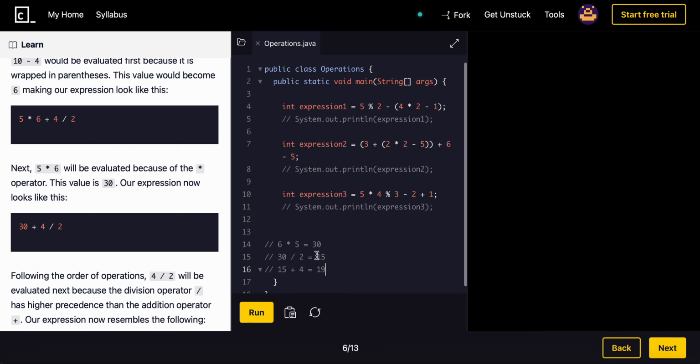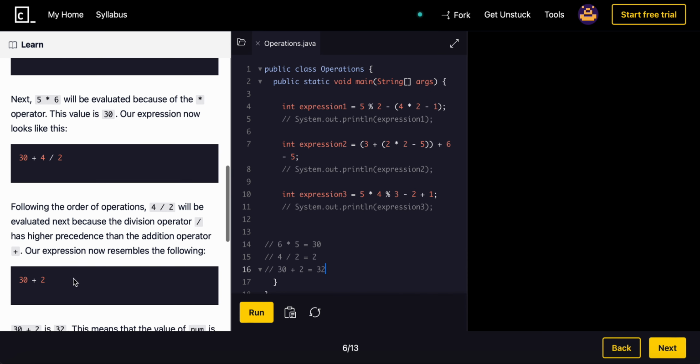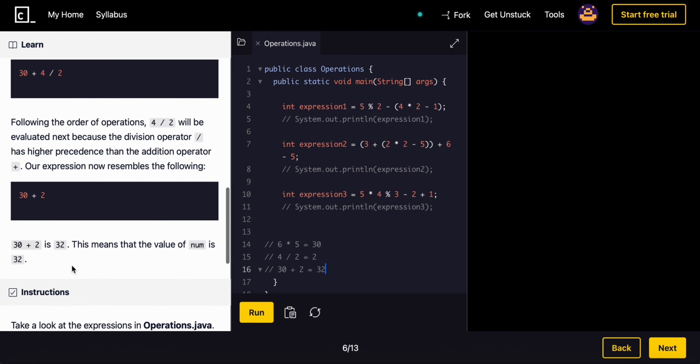So you would divide 4 by 2, which equals 2, and you still have the 30. It would be plus 2, so we just have 30 plus 2, which is 32. This means the value of sum is 32.